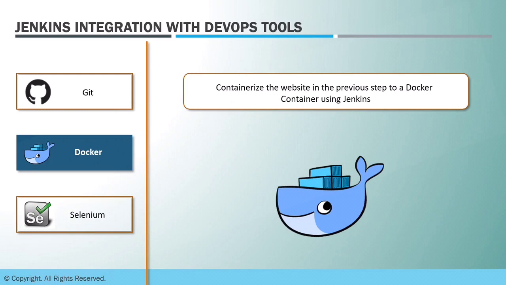The images will be used to run on the target machines. Not only Docker is supported; you can package your code and software in various forms of deliverables. It can be a VM image, a Docker container image, a jar file, tar file, or war file. Any kind of deliverable can be packaged in this step.